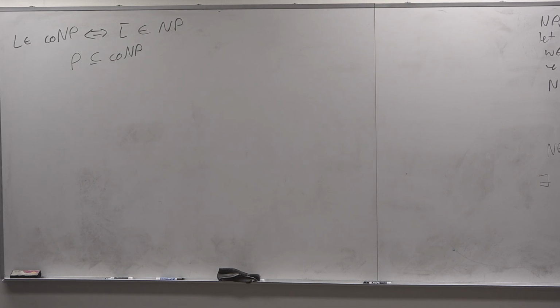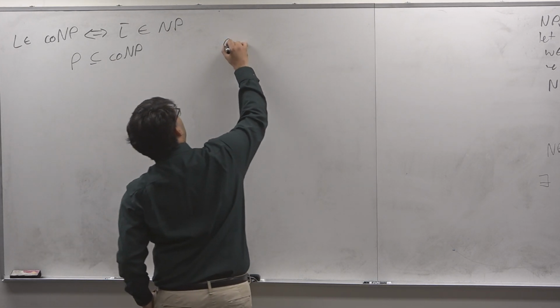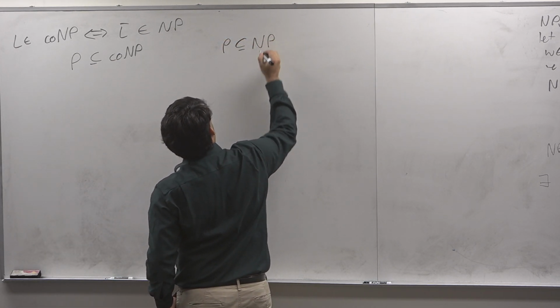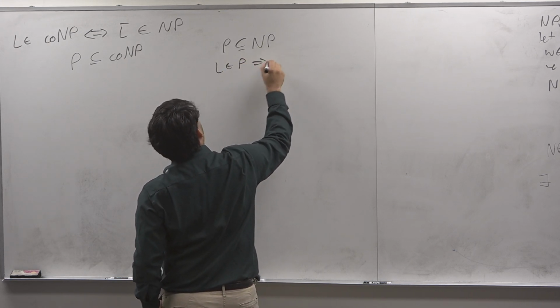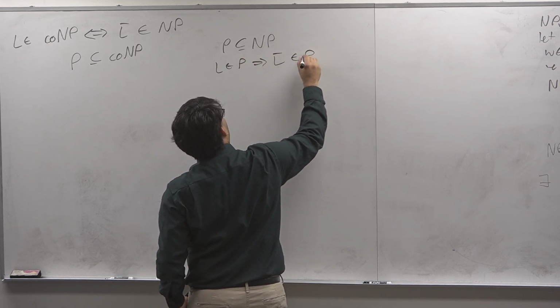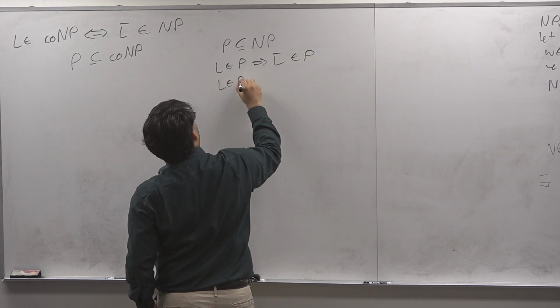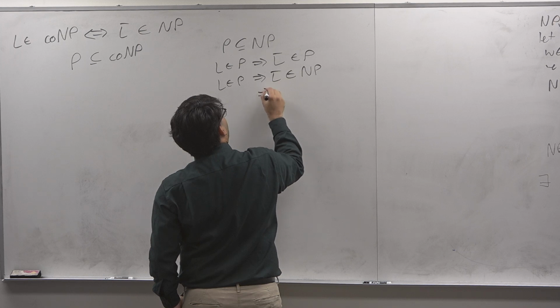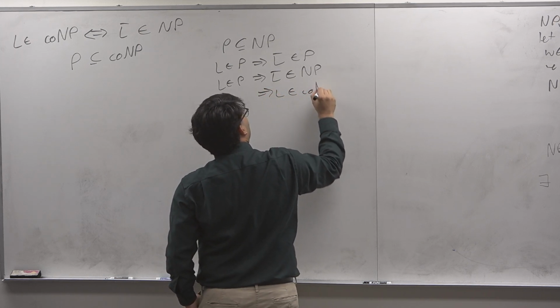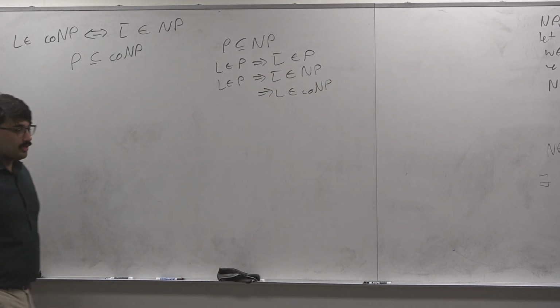Yeah, basically. So we know P is in NP, and we know that if L is in P, that implies that L complement is in P. So if L is in P, that implies that L complement is in NP, which implies that L is in co-NP. Something like this, okay?